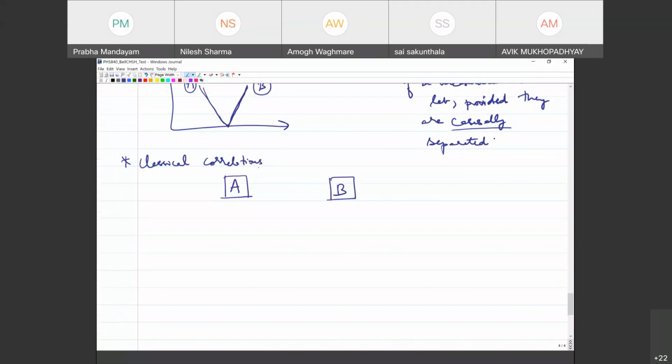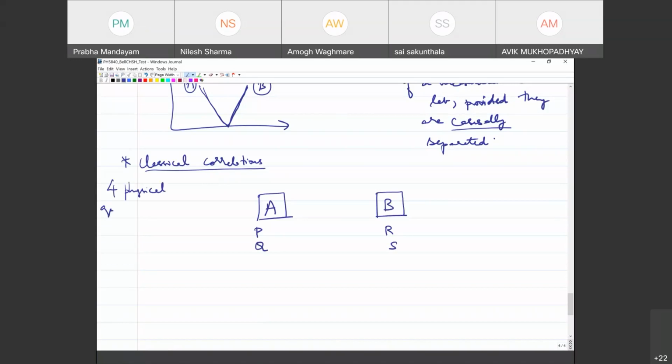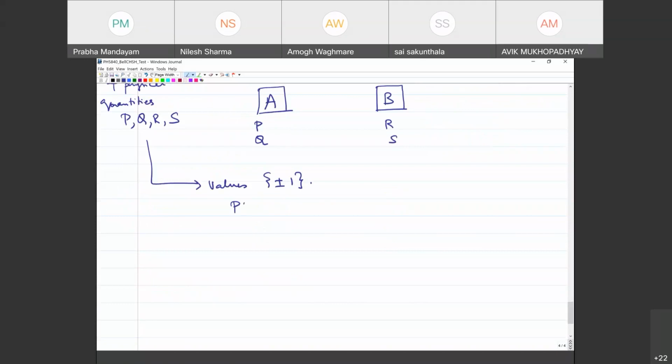Imagine you have two systems A and B, or two labs, and imagine that there are four physical quantities, P, Q, R, and S, which take on values plus or minus 1. So essentially P, Q, R, S are some binary valued observables.